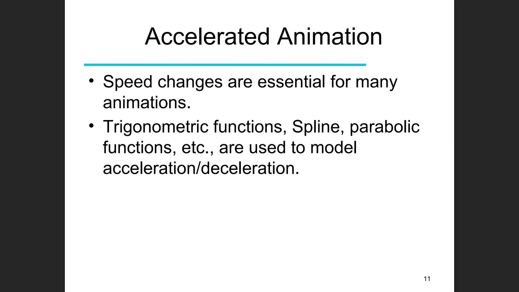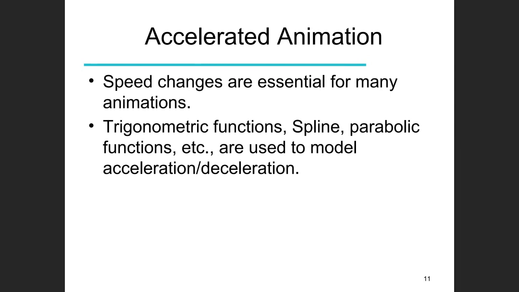So there are different types of functions which can be used to model the accelerated animation. For example, we can use trigonometric functions like sine theta, cosine theta. We can use spline functions, natural spline, B spline, cardinal spline, Bezier curve.